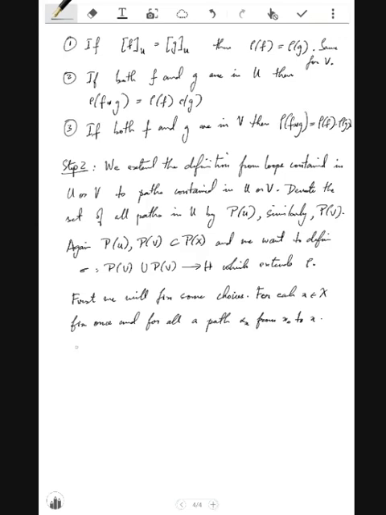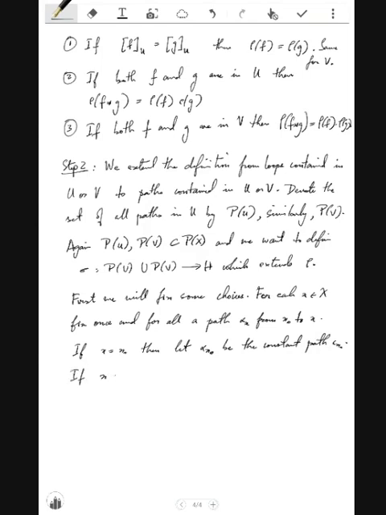So choose alpha x. If x equals x0, then let alpha x0 be the constant path C x0.